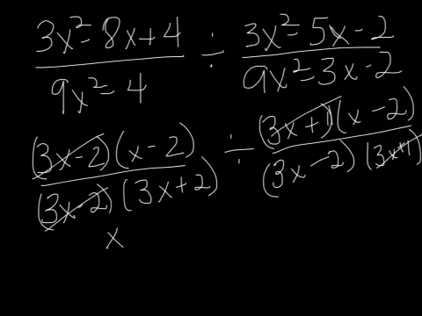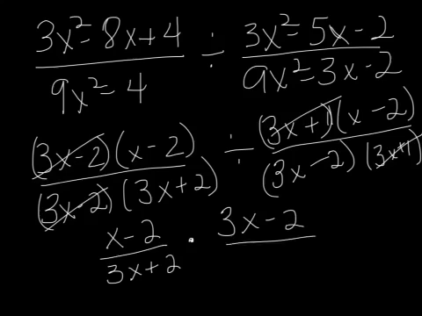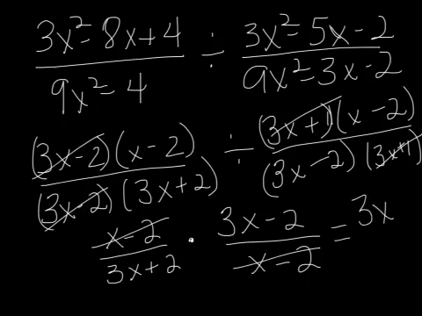Then I'm going to recopy it and change it to multiplication. And I'm going to flip it. And once I flip it, the x minus 2's cancel. So the answer should be (3x minus 2) over (3x plus 2). Final answer.